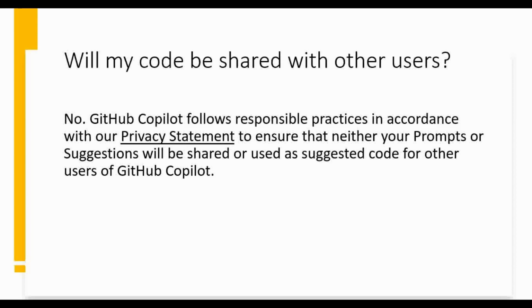So the data or the prompt that you are providing to GitHub Copilot will not get saved anywhere, it will not get used for training the model, and it will not be shared with any other developers, right? So your data will be safe. That is the final statement.